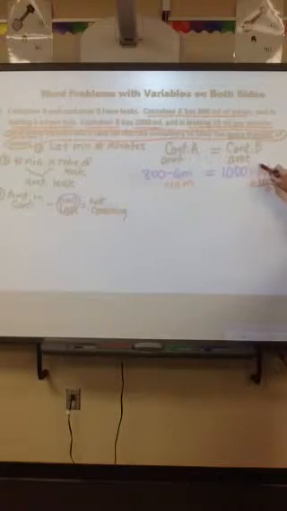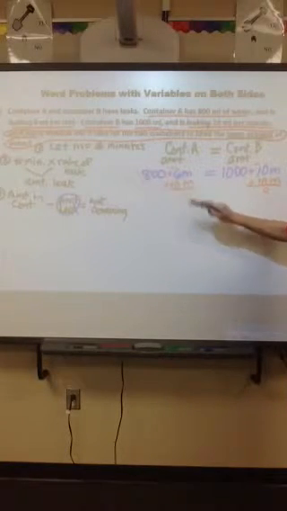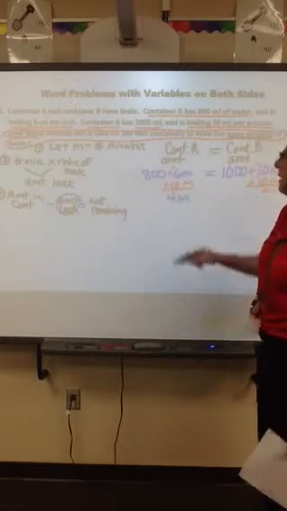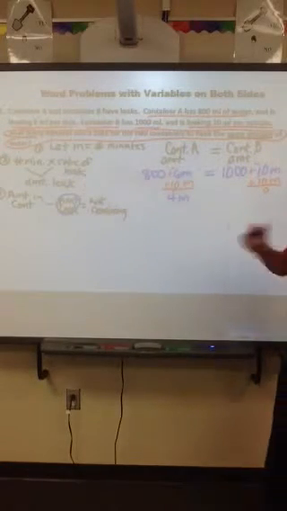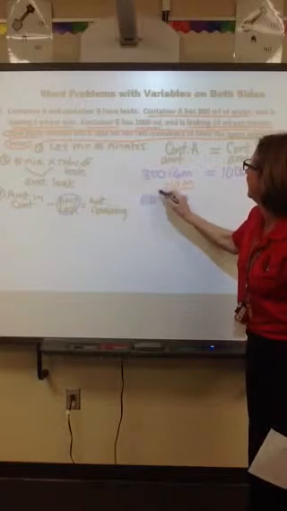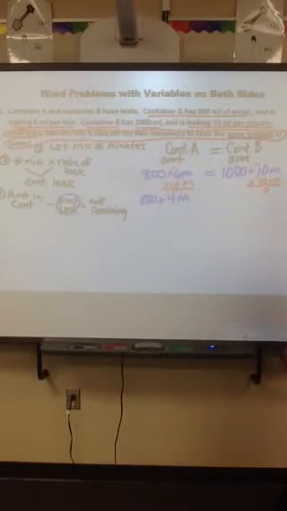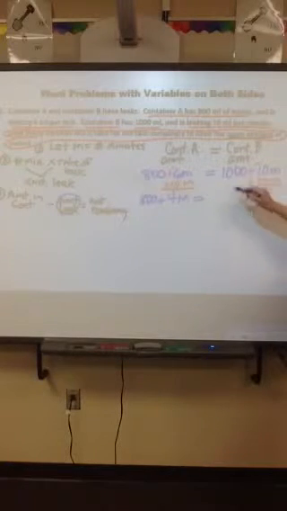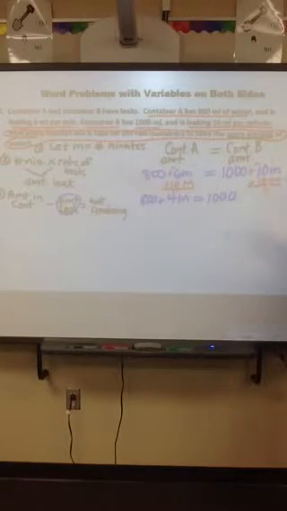And remember that this is like plus a negative 6. So negative 6 and 10 is 4M. So now I'm dealing with positive M's, and I've still got my 800, which is plus 4M, equals, these two are gone, so we have left 1,000.